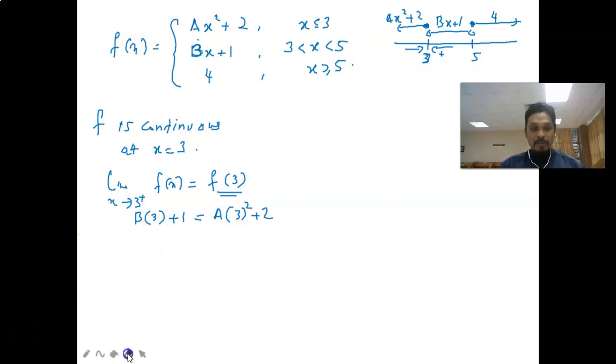Okay, I make some adjustment here. The limit of x approaching 3 from the right of bx plus 1 gives us b times 3 plus 1 equal to 9a plus 2.